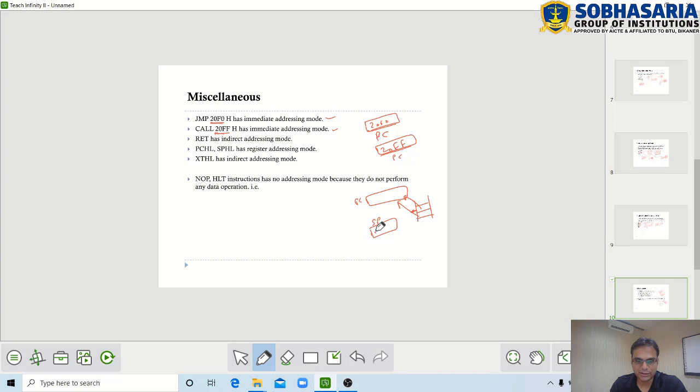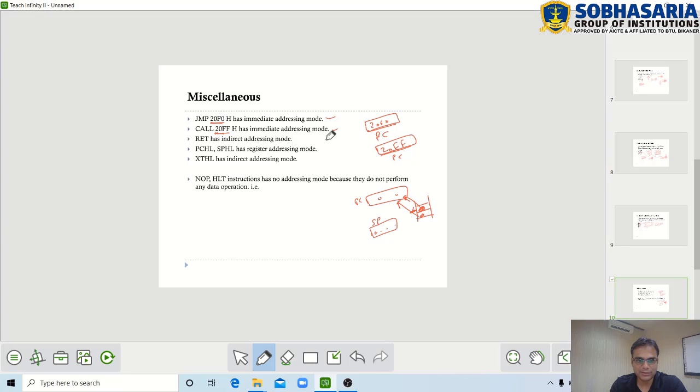So SP will have the address from where we are going to fetch the data and load it into the program counter. So we have the address of the data, and what is the data here? These 2 bytes of data are going to be loaded into the program counter.